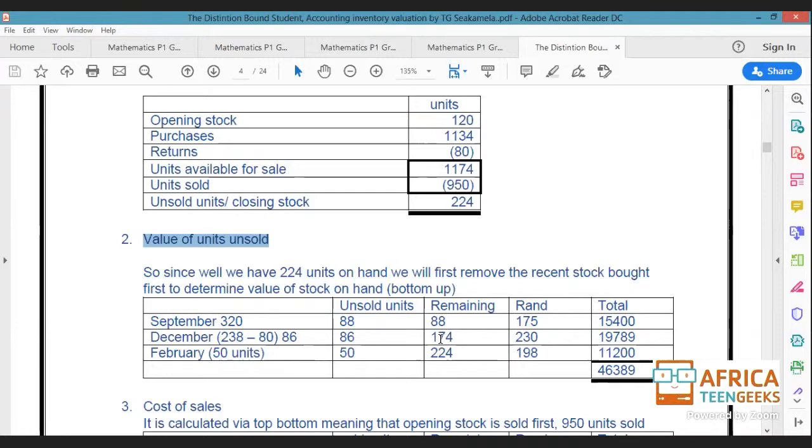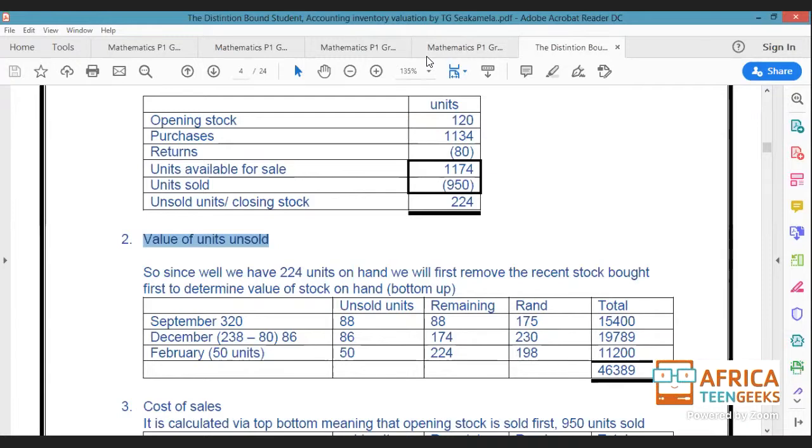In December, you'll say 174 multiplied by 230, you'll get 19,789. In Feb, it's 224 multiplied by 198, you'll get 11,200. Then your total value of units unsold is 46,389 rands. Therefore, you have calculated your total value of units unsold.